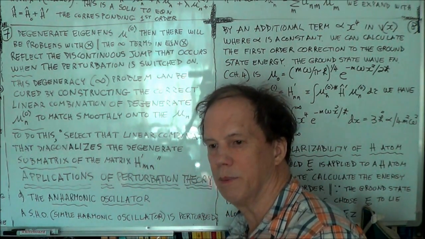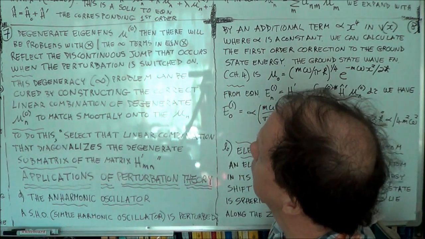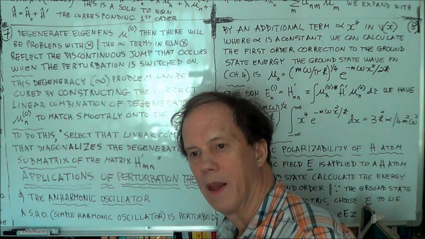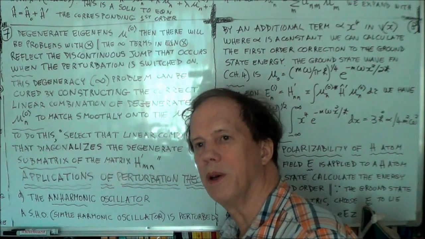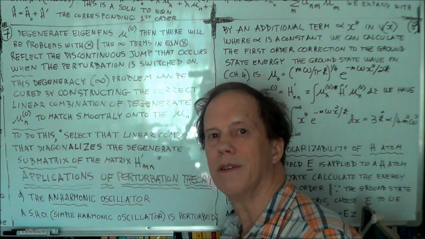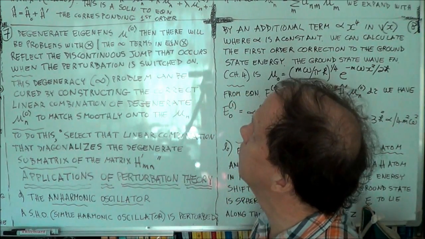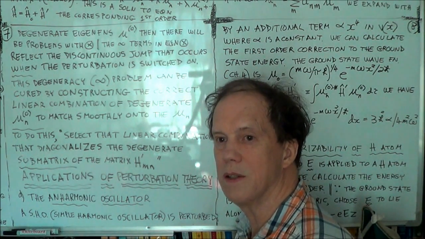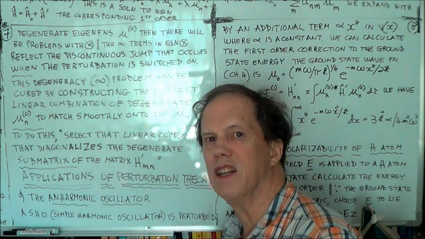That led to a problem because we had a formula in the previous session for the first order correction of the eigenfunction, and it involved a formula where the denominator of one of the terms was a difference between two energy eigenvalues, Em and En.